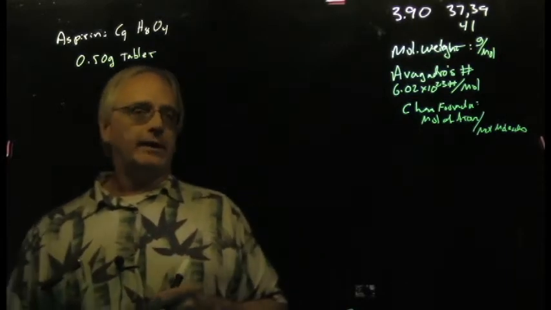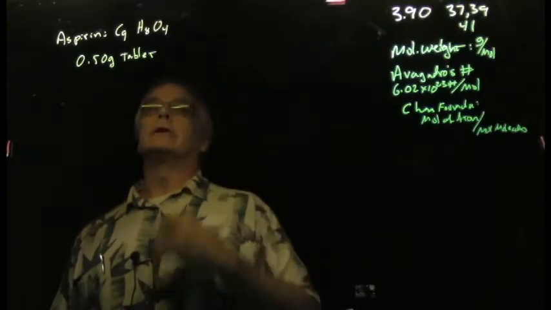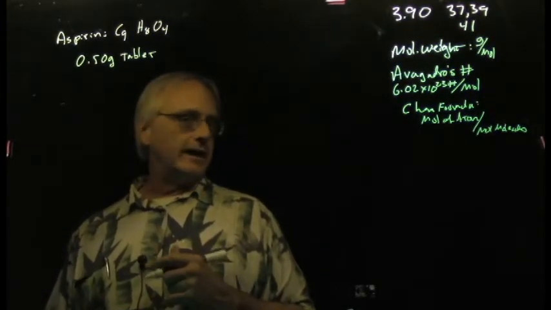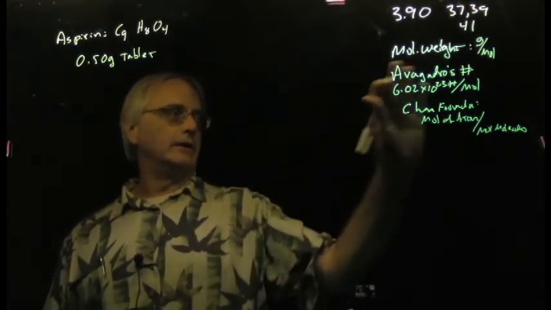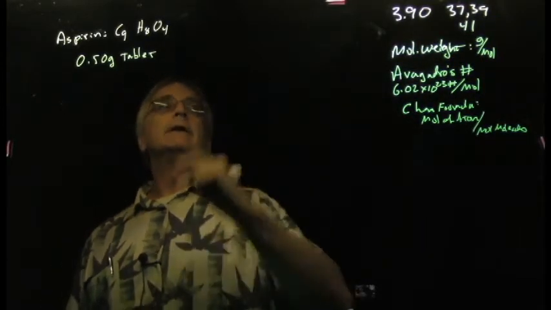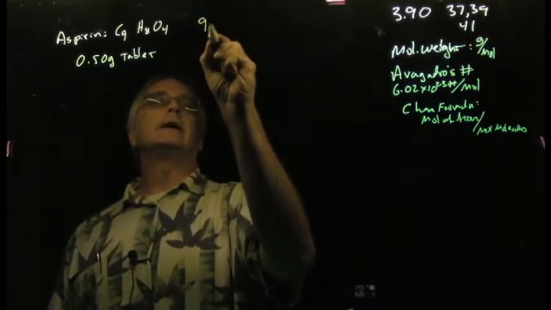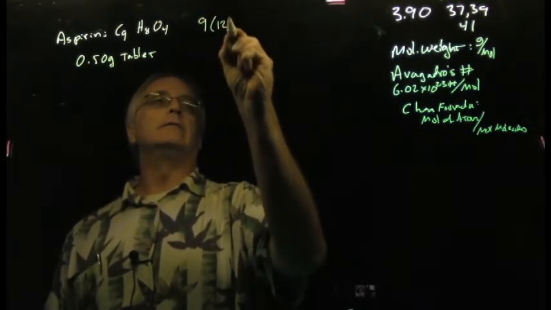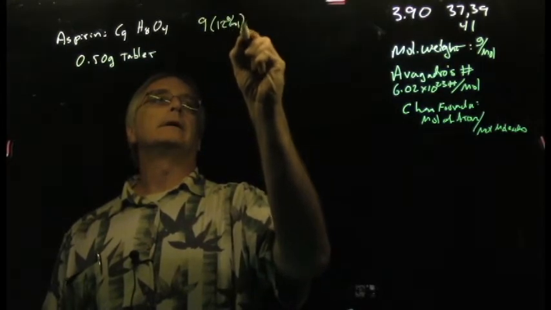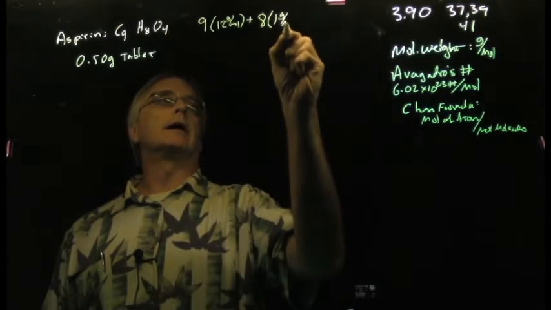All of that is going to depend upon getting our little fingers on molecular weight. And so we're going to do that one first, and that's a pretty standard, straightforward type calculation. Molecular weight is a basic one. It's the numbers off the periodic table. So for this particular compound here, we have 9 carbons, and each of those carbons weighs 12 grams per mole. We have 8 hydrogens, and each of them weighs 1 gram per mole.